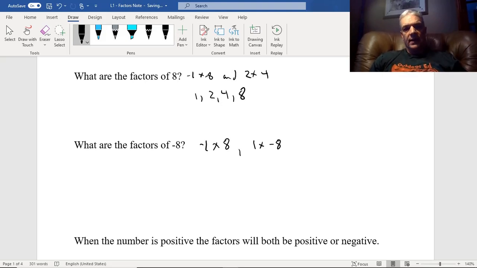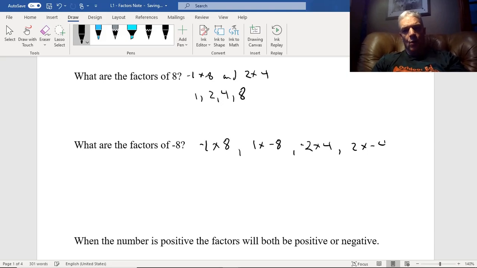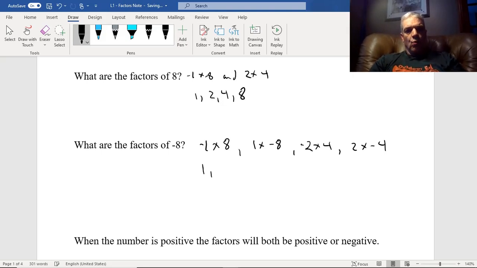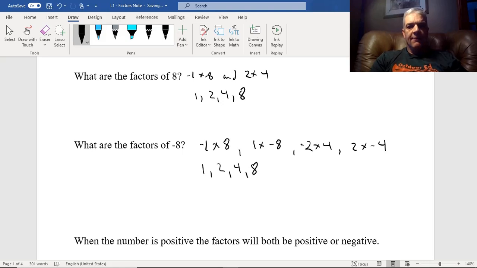So even when we're talking about positives and negatives, it really doesn't change anything. The factors are really the same. It's just knowing that one will be positive and one will be negative in order to get a negative answer. So we could also look at it from a 2 times 4 perspective. It could be minus 2 times 4, or positive 2 times minus 4. Either way, all of these options give us negative 8. We still say the factors are 1, 2, 4, and 8. When we're getting a negative number, one will be negative and one will be positive.